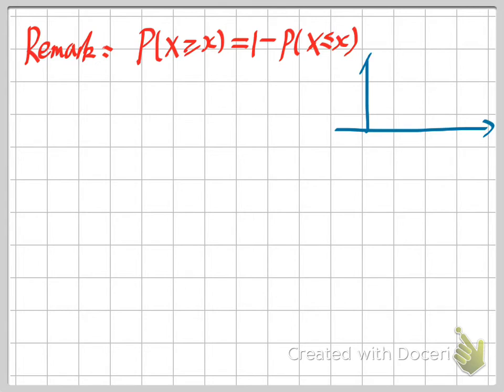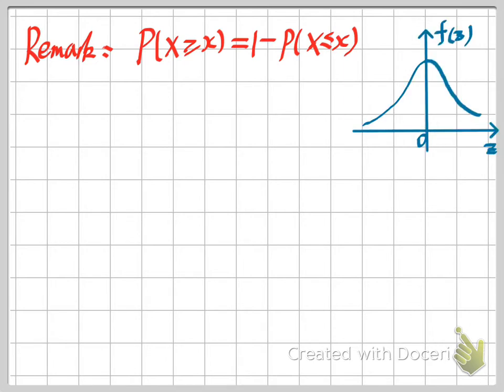For the standard normal random variable, the special thing is that its mean is equal to 0. So in other words, the graph of the PDF of the standard normal random variable is symmetric with respect to the y-axis, the vertical axis. Based on this, we have one more special remark.